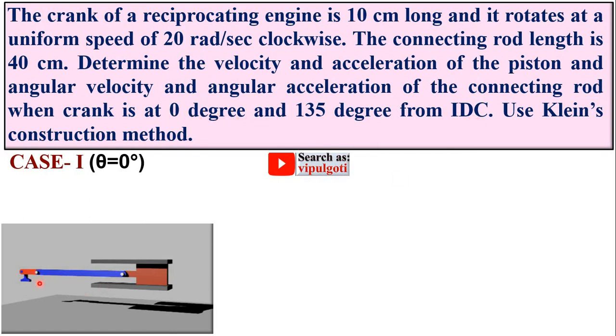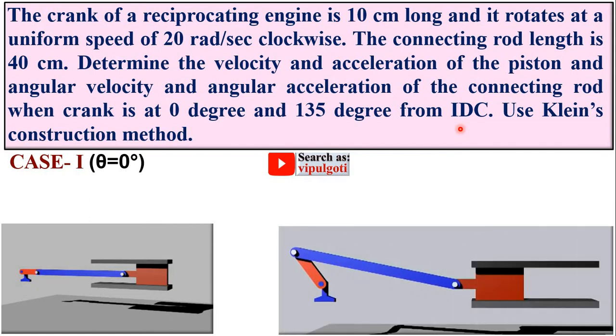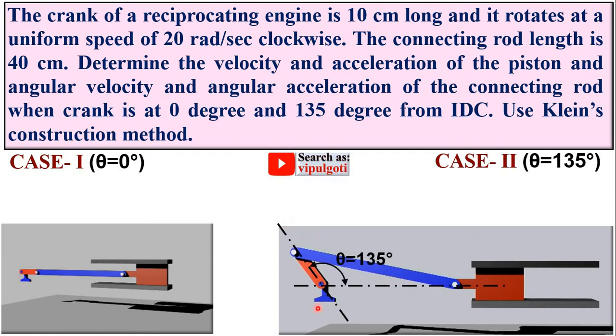Here you can see this is the inner dead center and the crank having 0 degree with the horizontal line. That means the line of motion of the piston. And 135 degree from the IDC, that is case number 2. Here you can see this is the line of action of the piston and this one is the crank position, and the angle is given to you as 135 degree from the inner dead center.